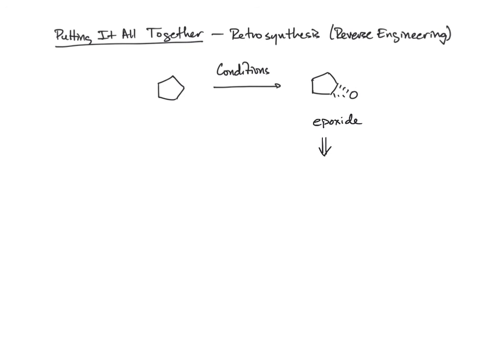It's not a reaction so much, it's just a design or a blueprint. So we know that we can make an epoxide from a bromohydrin. You just saw that. In the forward direction, that would be sodium hydride and THF.